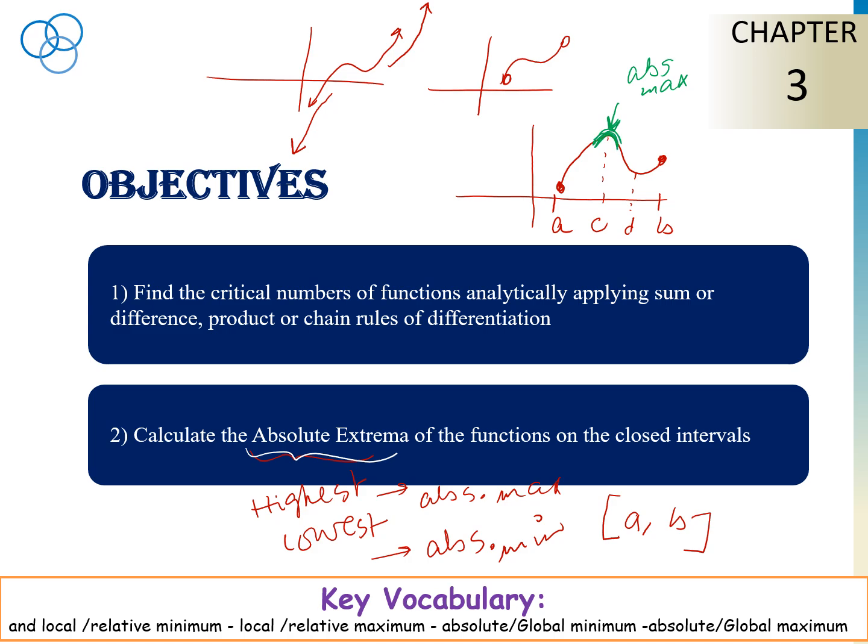We have studied in our previous video that at the turning points, either the slope of the tangent line is 0, or, if the turning point is sharp like this, the slope of the tangent line at this point is undefined, which means you cannot differentiate at this point.